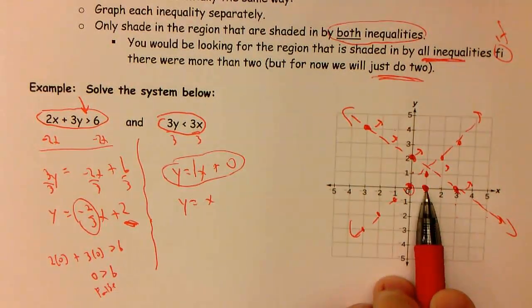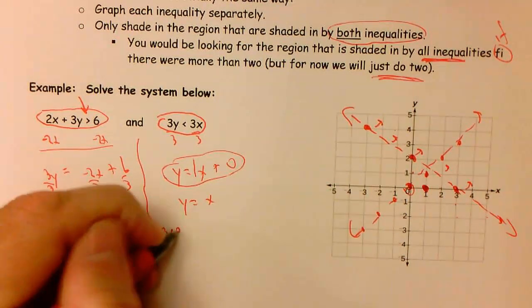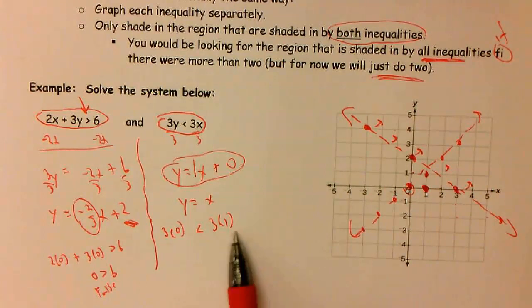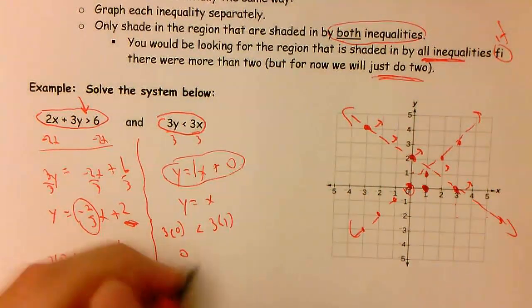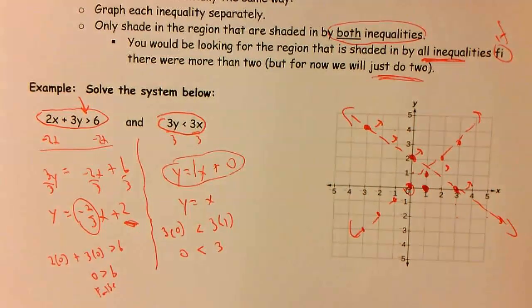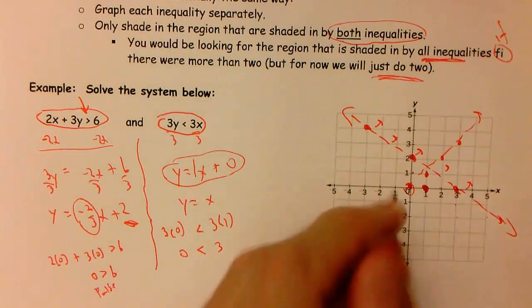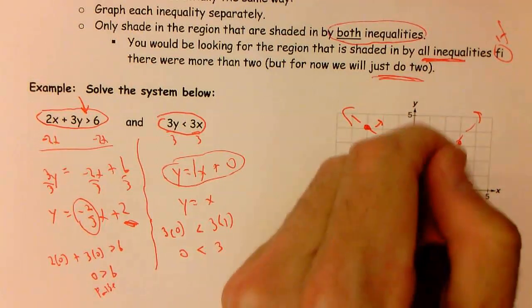That is x equals 1, y equals 0. In the original inequality, I'm putting 1 in for x, and I'm putting 0 in for y, and I get 0 is less than 3. Well, that's true. So this point right here is a solution, and I would be shading below to the right of this line.